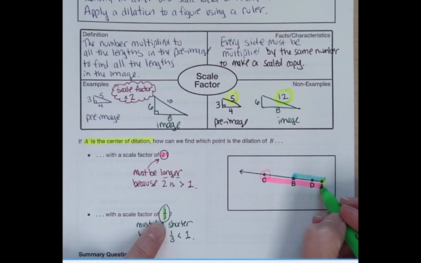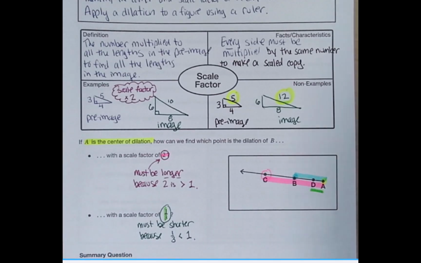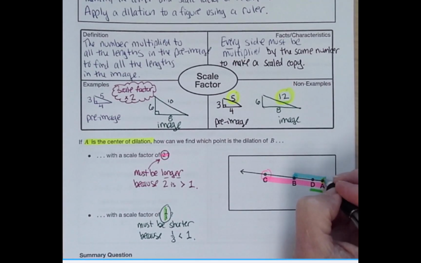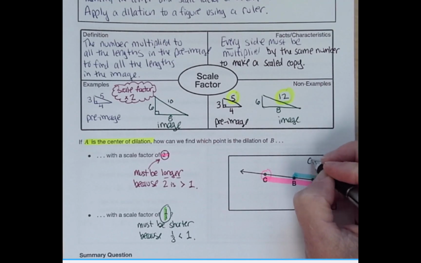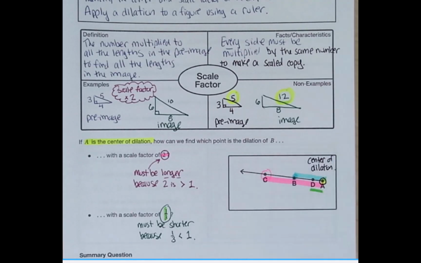Instead of the distance from A to B, we now have this distance that's 1/3 the length from that fixed point. I feel like I need to clarify that this is my center of dilation. It doesn't move. I'm always measuring from that center of dilation.